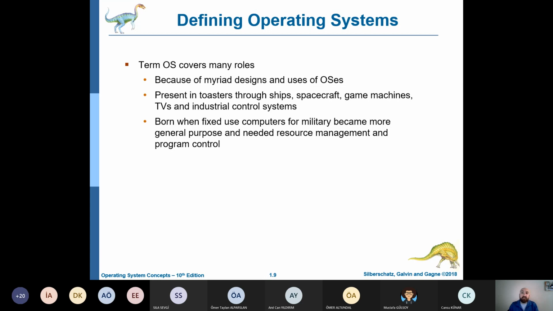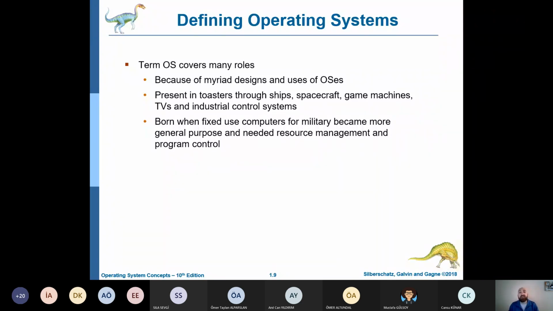As you can see, the term operating system covers many roles and functions. Because of the many different designs and uses of operating systems, we need different roles and functions to define what operating systems do. Because we have computers in cars, ships, televisions, and all of them have different functionalities and different hardware, we need to cover all the functionalities and goals or roles in these definitions.